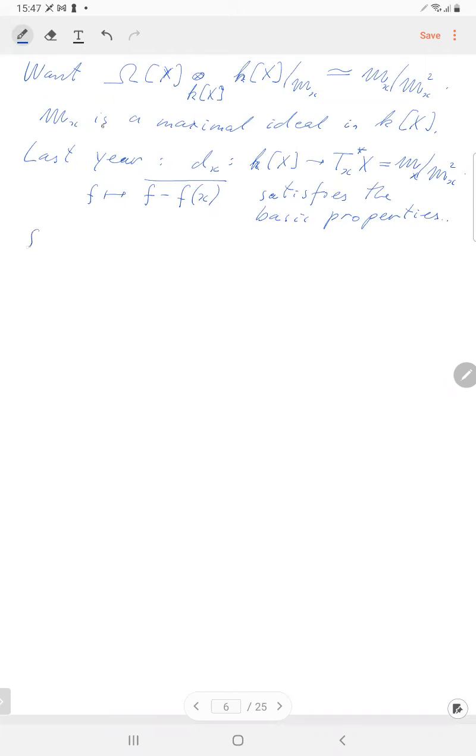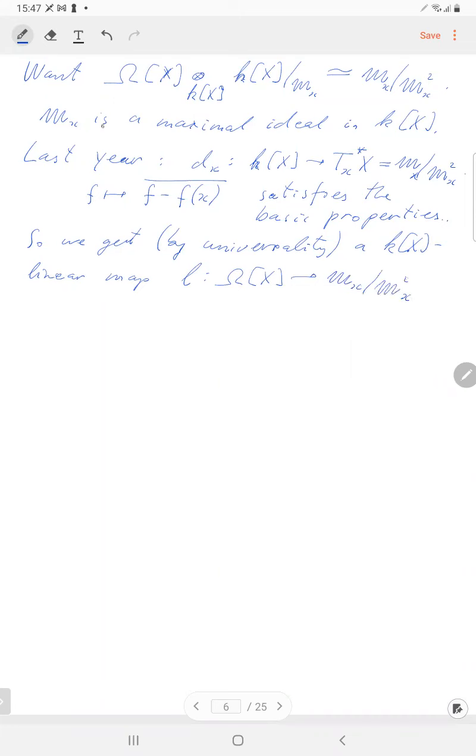So we get by universality a k_x-linear map L from Kähler differentials to the Zariski cotangent space such that d_x f equals L of df.